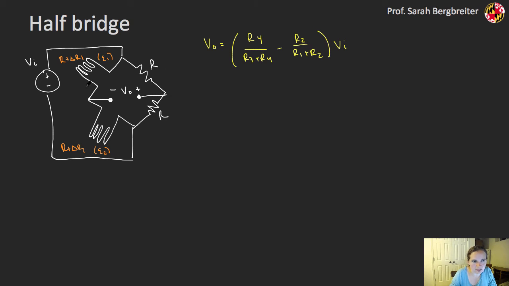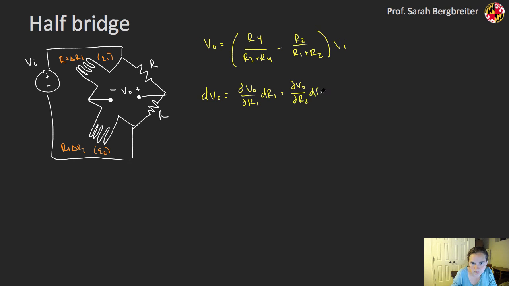Now, in this case, I'm interested in how this output voltage changes with small changes in the resistances. And so I'm going to look at those small changes in the output voltage. And that's going to be the derivative of that output voltage with respect to, in this case, the first resistor times a delta R1, right? That small change. I could also write that as the capital delta there. In this case, the R1, and then I'll do that for each of my resistors in this bridge circuit.